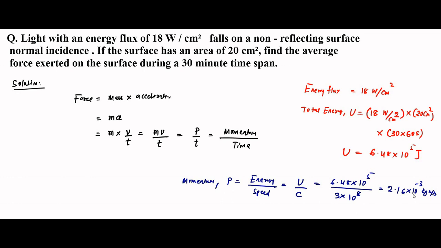Now we just derived previously that the average force exerted is equal to momentum by time. So the average force exerted will be equal to 2.16 into 10 to the power minus 3 by time, which is 30 minutes, converted into seconds, 30 into 60.